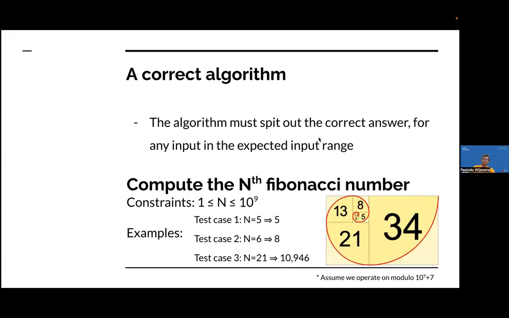So it doesn't always have to be a correct algorithm. If it works for 50% of the scenarios, let's say you find an algorithm that works for all the even numbers of n, okay, that's fine. Go ahead and submit it, right?